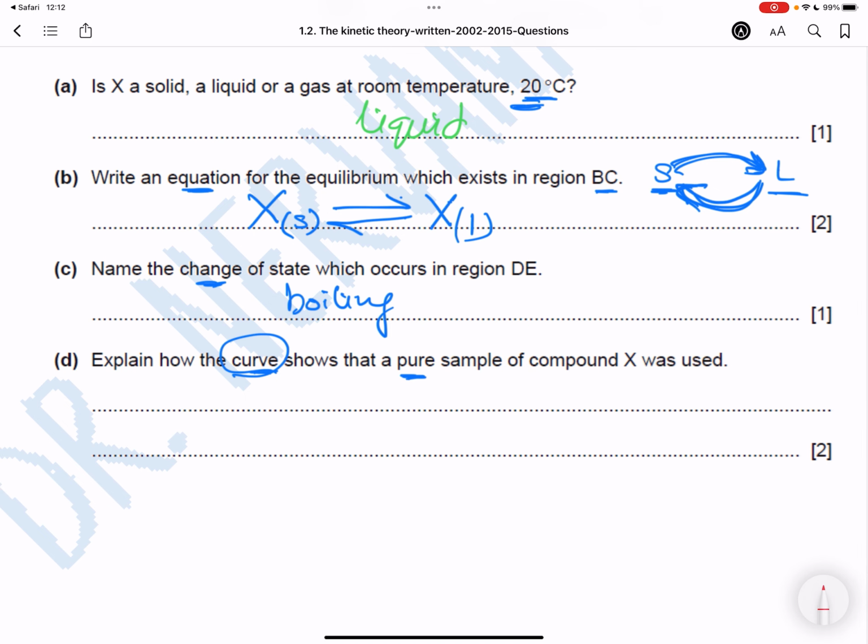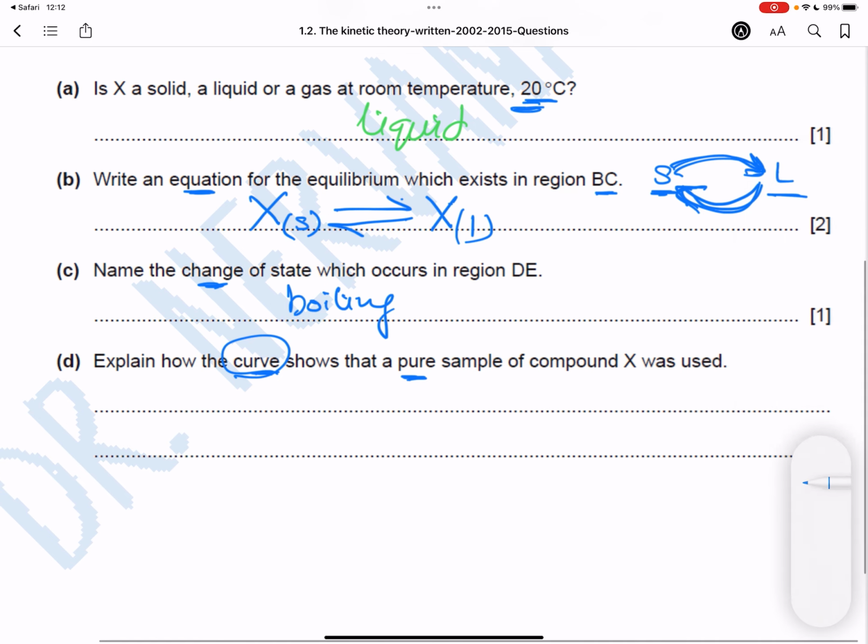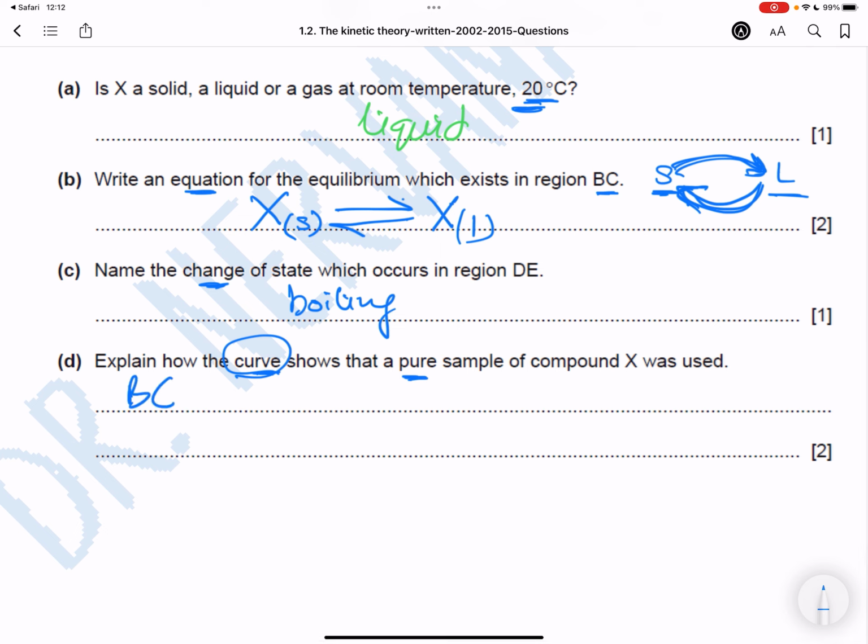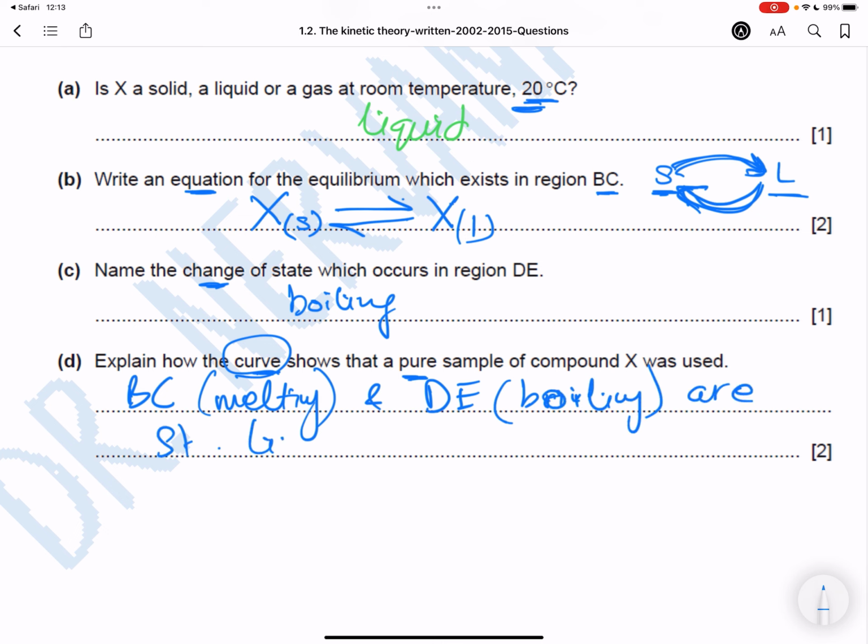So you're going to say that line BC, which is melting, and line DE, which is boiling, are straight lines and horizontal.